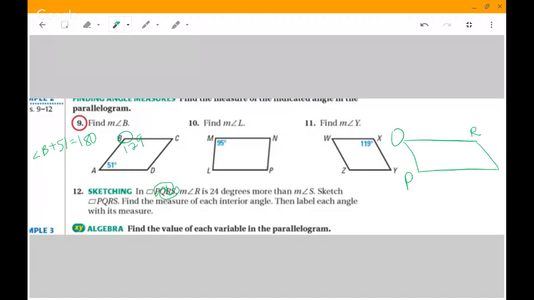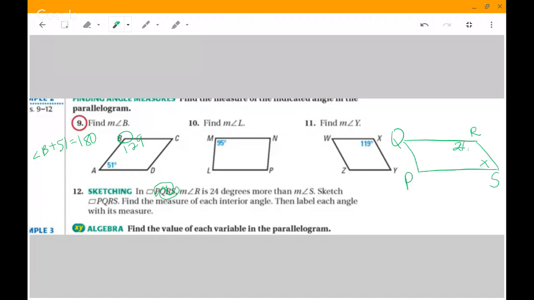So P, Q, R, S. R is 24 more than S. Since we don't know what S is, I'm going to make S into an X. How would I write the measurement for R? 24 plus X is going to be angle R, because it's 24 more than S, and we made S equal X. Does that make sense? Yes, ma'am.